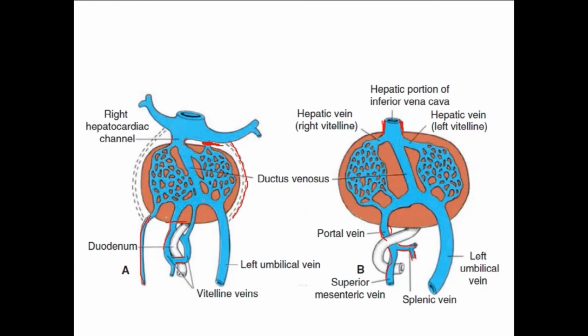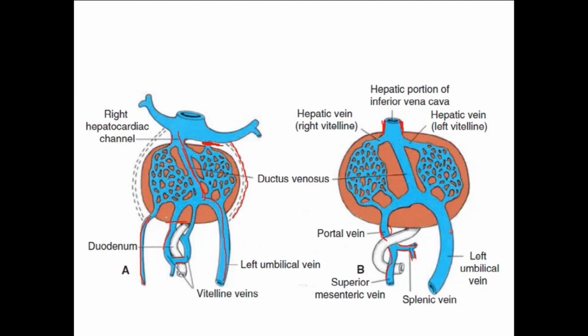So a channel is gradually developed. A dilated channel is developed in the middle, which bypasses the hepatic sinusoids, so that the oxygenated blood which enters the liver will bypass these smaller spaces and go directly to the sinus venosus through the right hepatocardiac channel.